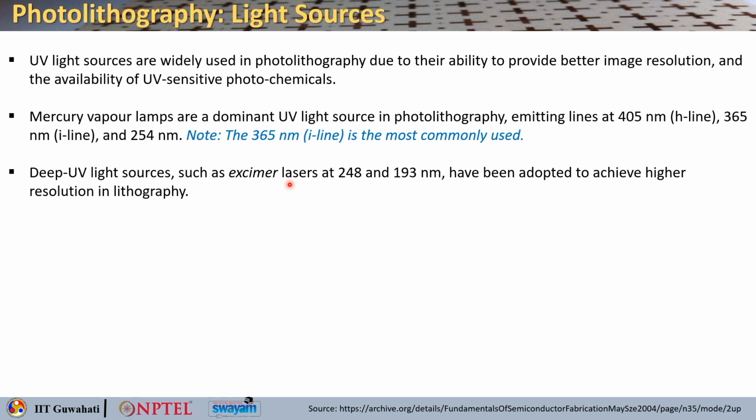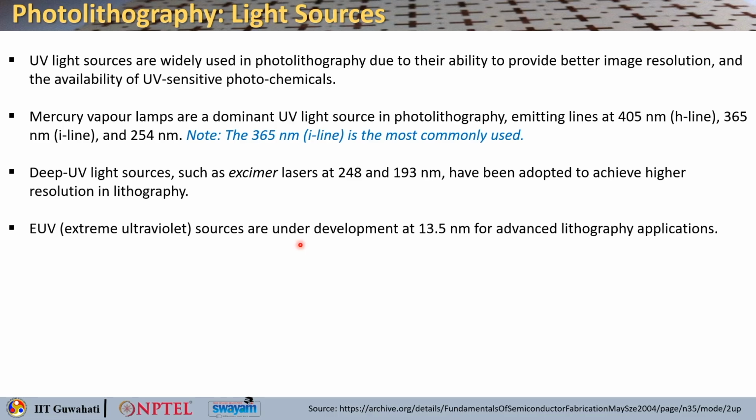Unlike most lasers that rely on stimulated emission from atoms or ions, these excimer lasers use a combination of noble gases and reactive gases to create a laser medium. Then you have extreme UV sources under development at 13.5 nanometer that can help in advanced lithography applications.